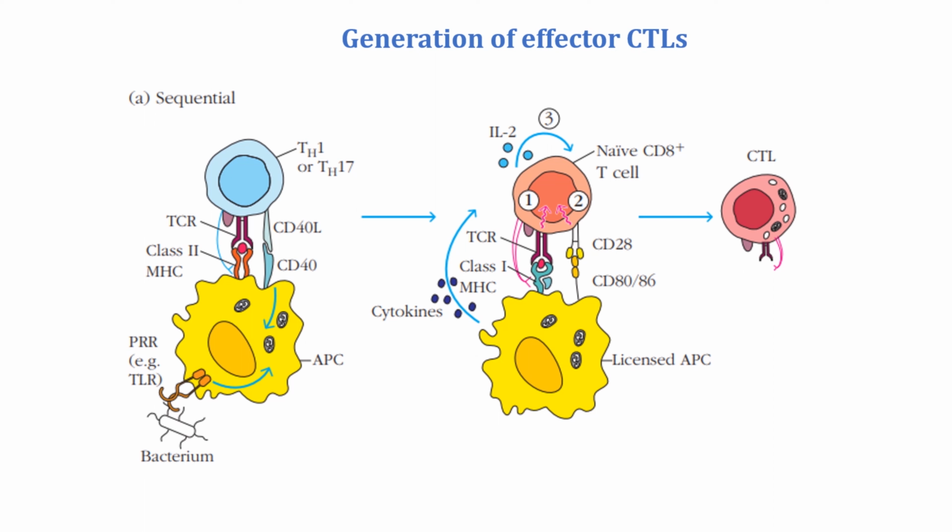That also helps the CD4 plus help to bind the CTL to the MHC class 1 molecules. They also secrete the cytokine interleukin 2. Once they are activated, they bind to the MHC class 1 and secrete the interleukin, which is required for the proliferation and differentiation of the CTL.